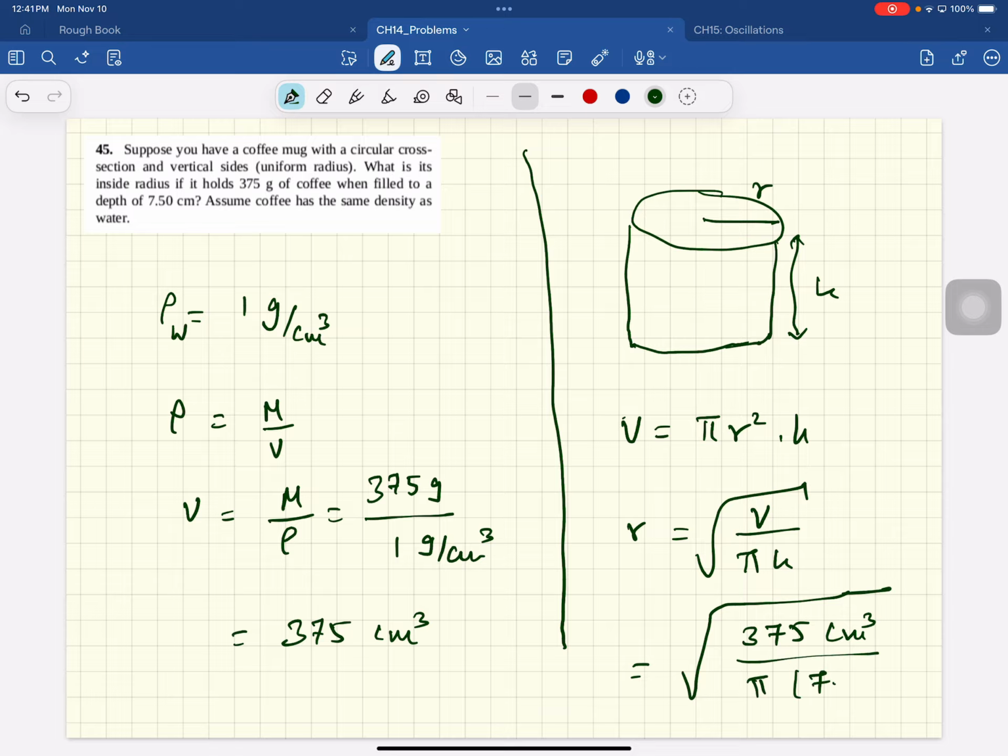The coffee was filled to 7.5 centimeters.